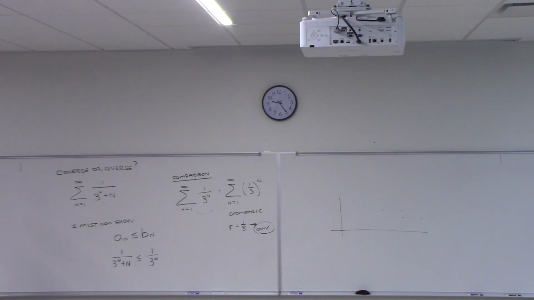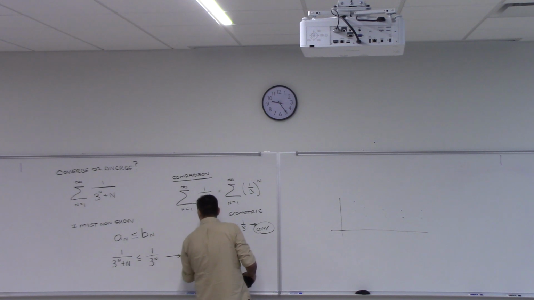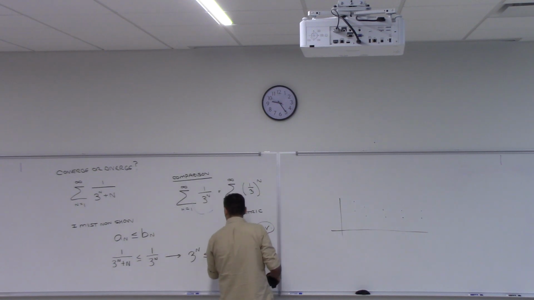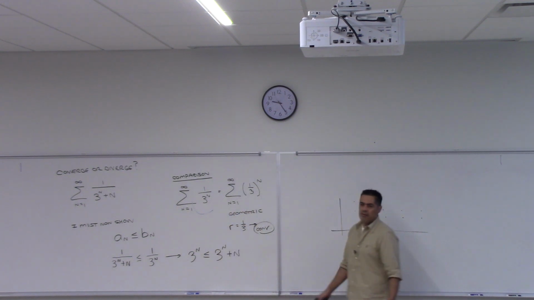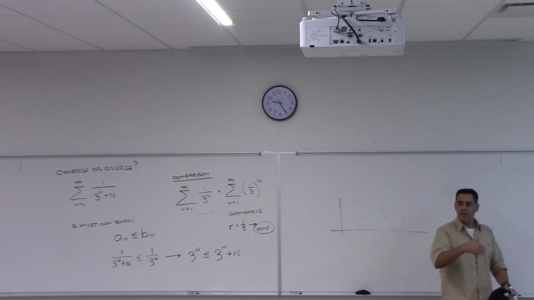And I think it might be obvious right now that it's true, but I'm going to cross multiply. When I cross multiply, why am I not worried about flipping the signs over? Because I know I'm never going to have a negative, right? 3 to the n plus n is never negative because n is going to be 1, 2, 3, 4.